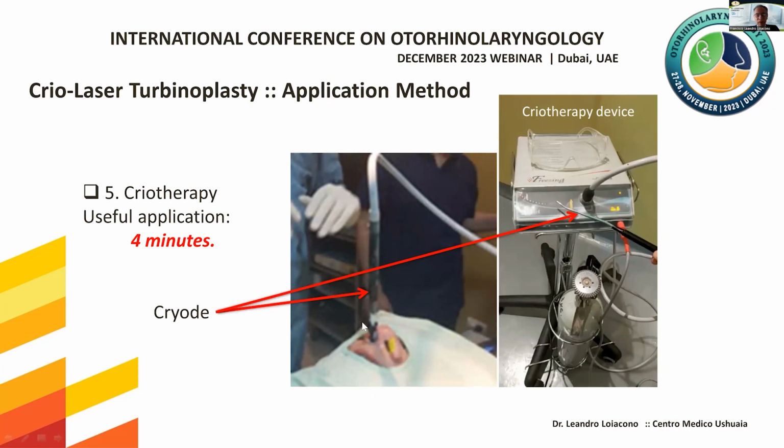We can insert the Tato cryode model inside the nasal fossa, the nasal cavity, and protect the nostrils, the nasal vestibule. This is the cryode outside the patient, and the cryotherapy device, which shows the temperature.